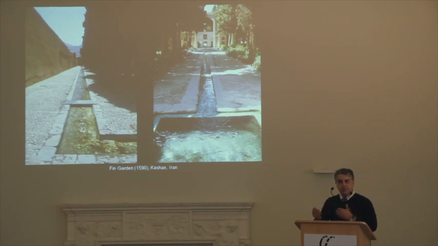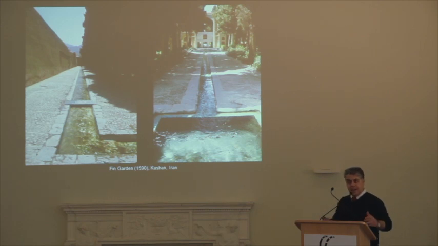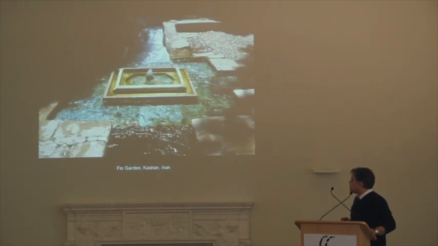So there is a huge difference between the world outside of a garden and the world inside of a garden. And that has to do with the shadows, the shaded areas, the moving water. So it's a very dynamic experience that an observer can have within these gardens.